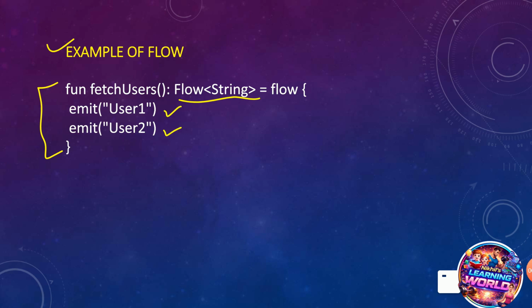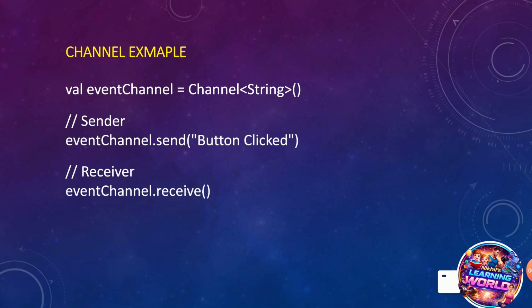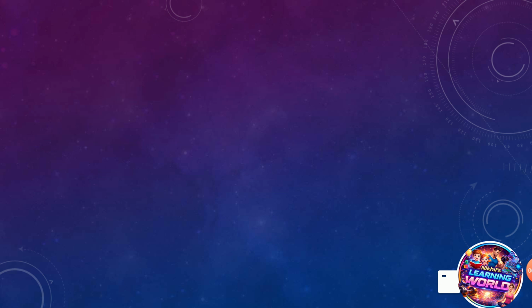So sender and receiver: whenever a button is clicked, eventChannel.send sends the data, and it is received by using eventChannel.receive. So these are the two functions used for Channel communication.